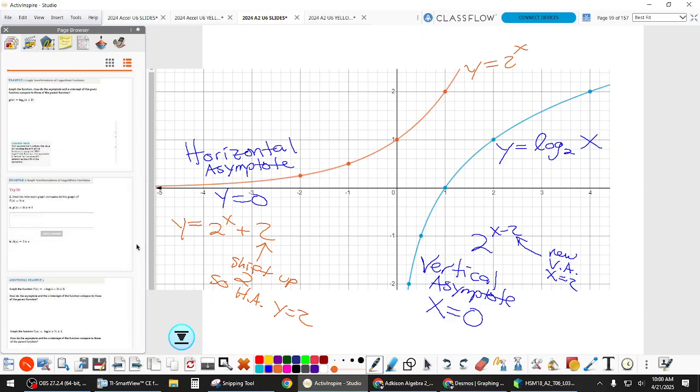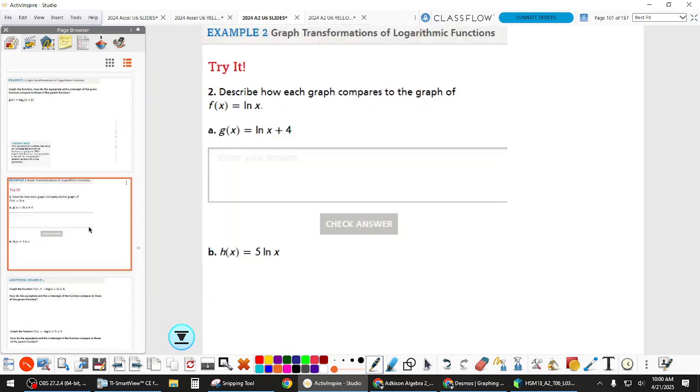As usual, I think sometimes it helps to draw the parent function and then transform that, but if you feel comfortable doing just the transform graph, you're fine. I don't care. So I'm going to give you like 10 seconds each to sketch these, maybe 15, okay? So think about what your parent function looks like and then what these two will do. And again, it's just a sketch, just make it a relative graph, not a perfectly graphed graph.